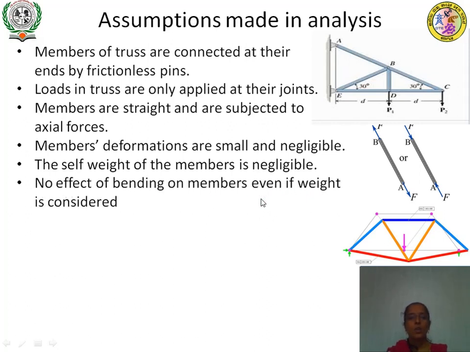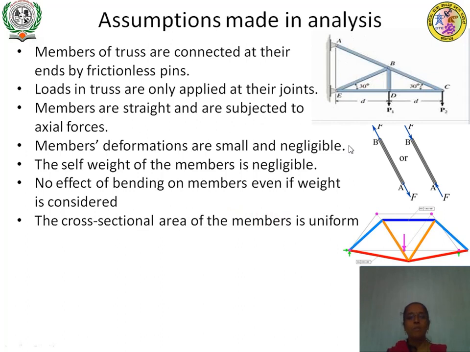And then there is no effect of bending on members even if weight is considered. That means bending of this member due to loading is not considered; there is no effect of the bending.